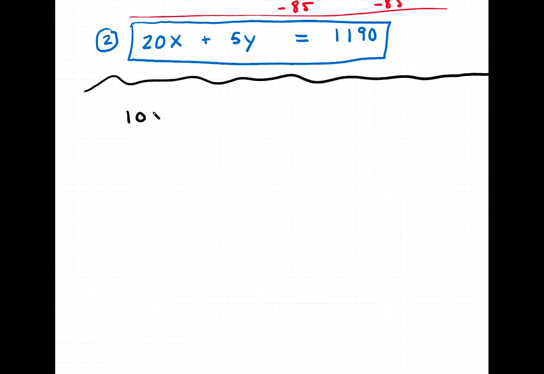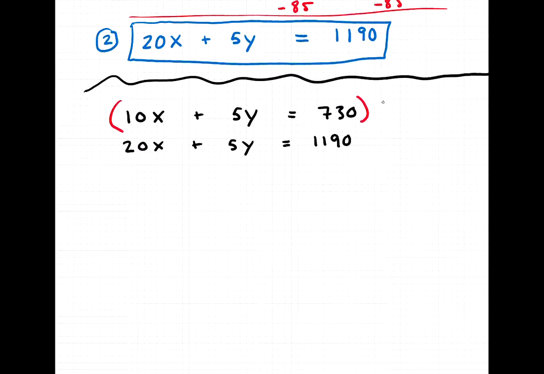We have 10x plus 5y is equal to 730, and we have 20x plus 5y is equal to 1190. Now this is a relatively easy system of equations to solve because we have a 5y in each of the two equations. So what we could do is multiply one of those equations by -1.